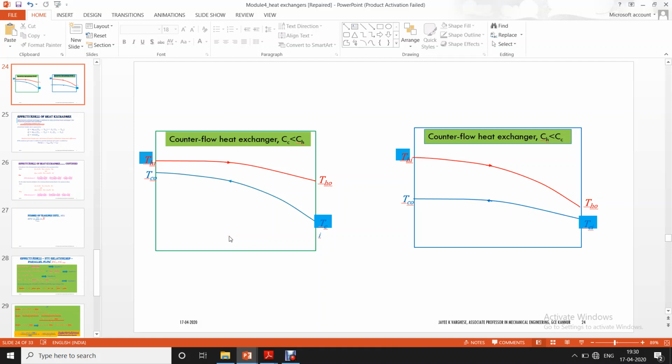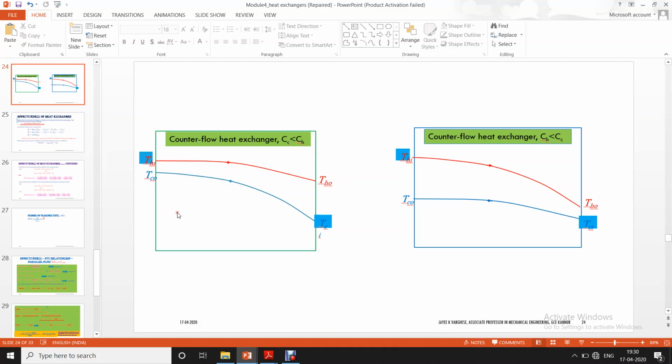So let's see that. Here in this schematic diagram, there are two figures. Both are counterflow heat exchangers, showing the temperature variation of hot fluid and cold fluid. Let's see the difference between these two.